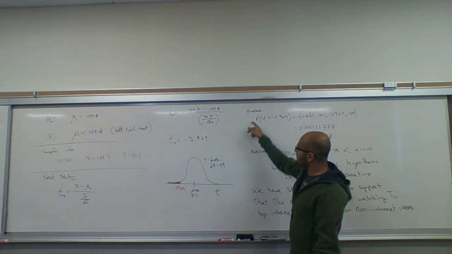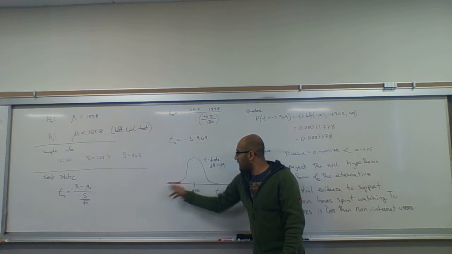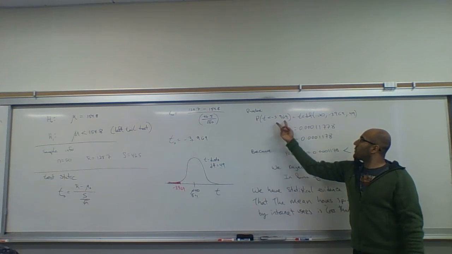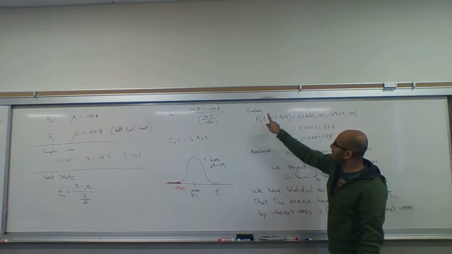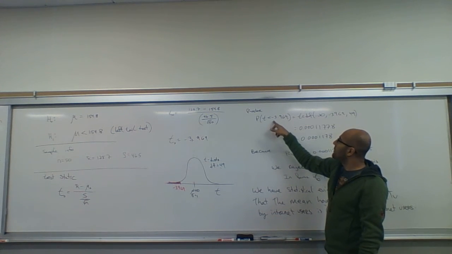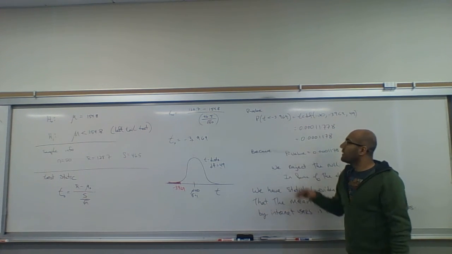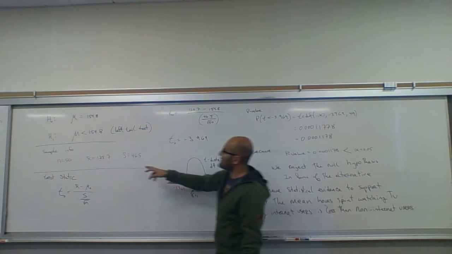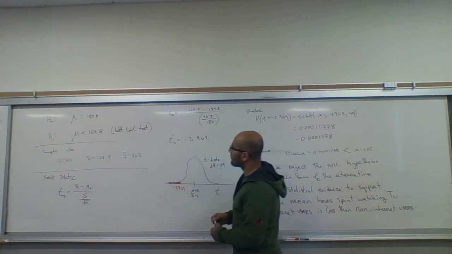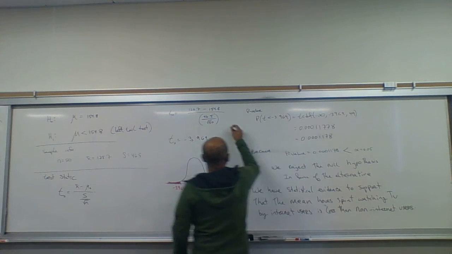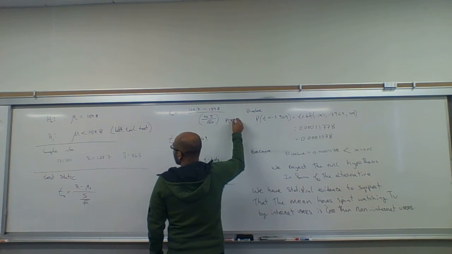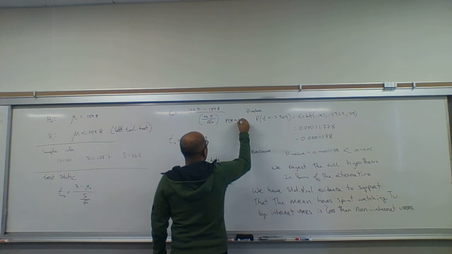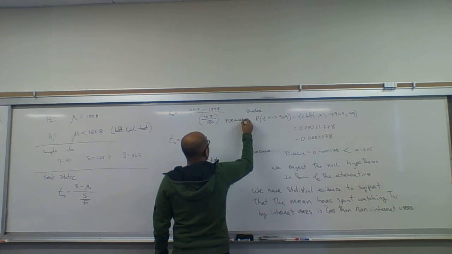So we find that area. So the p-value is going to be the likelihood of getting that result, that one right there. So we need to write this down. The probability that t is less than negative 3.969. Now you can use this, or if you want to write it back down as x bar, that's okay. If you want to write down the probability that x bar is less than 128.7, I would accept that as well.